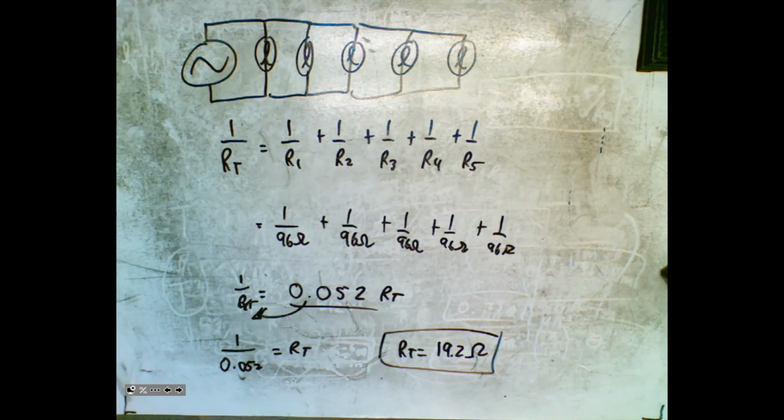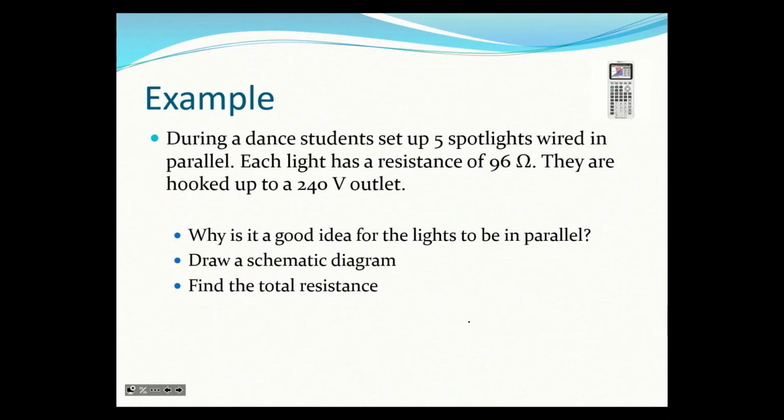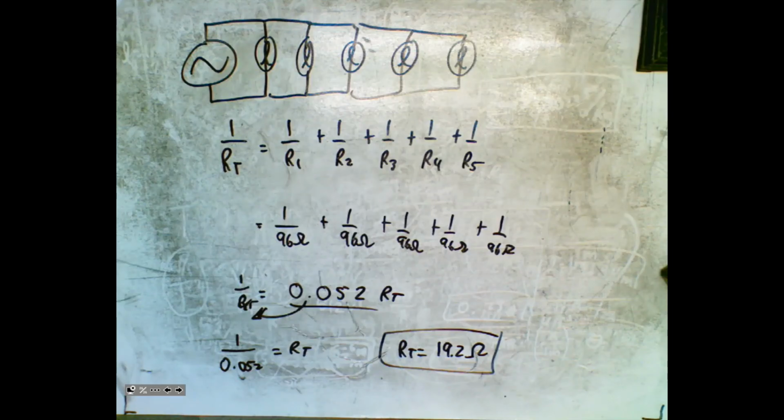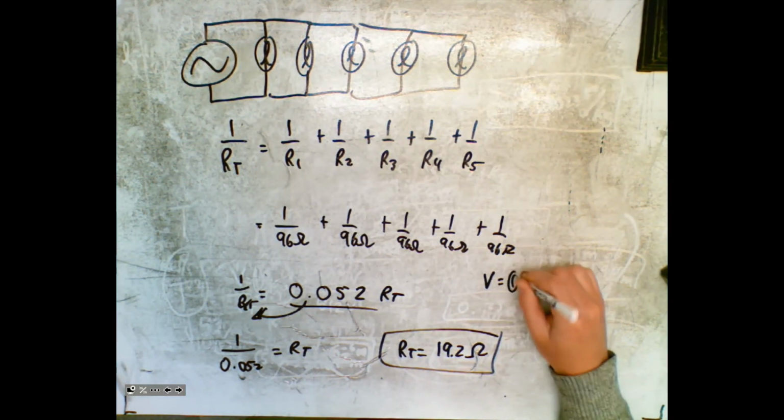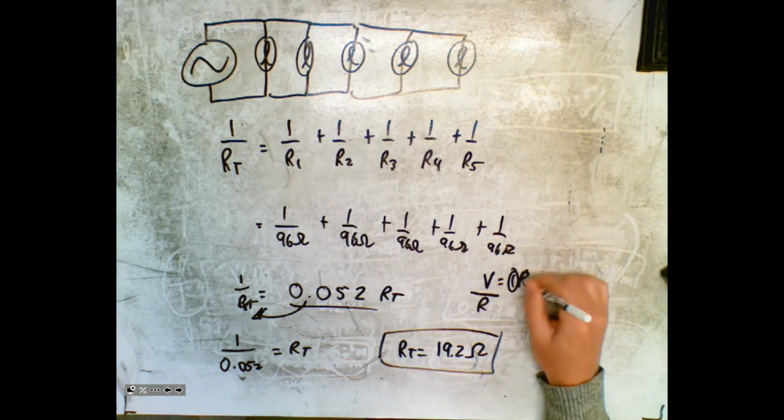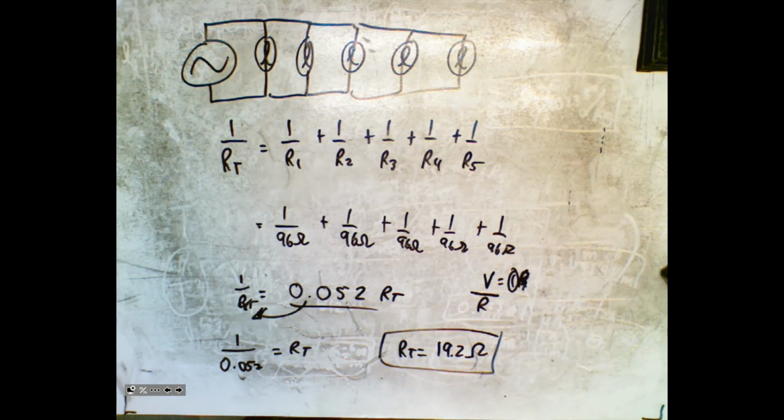Okay, and then if we want to finish off the question, it says, what is the current required to power all 5 lights? Same sort of thing, we can use Ohm's law. V equals IR, and we're trying to find current, so voltage divided by resistance. The question told us it was a 240 volt outlet, and the resistance is 19.2 ohms.